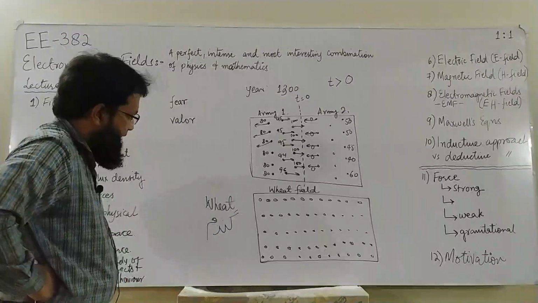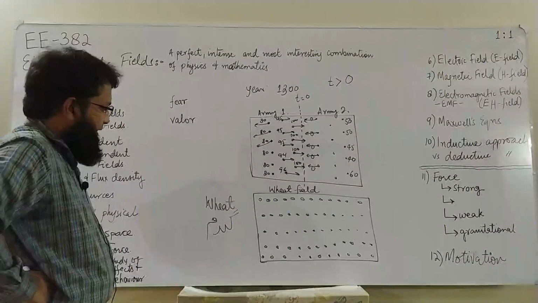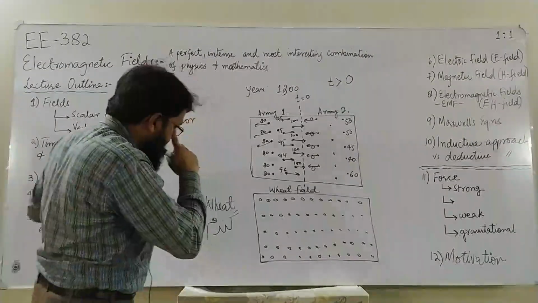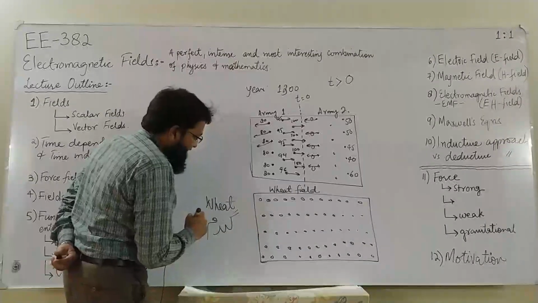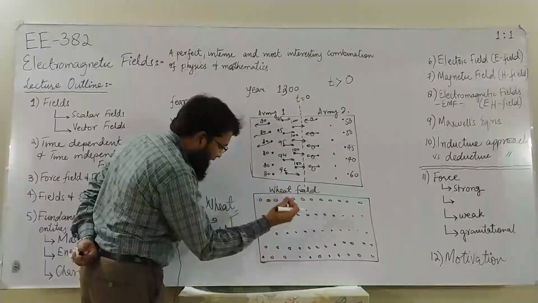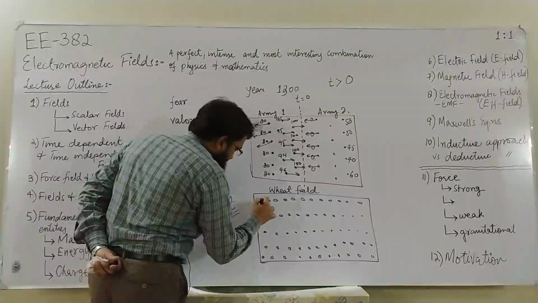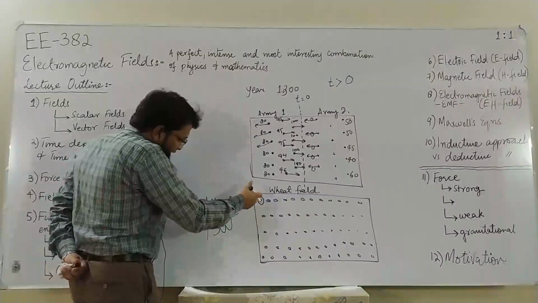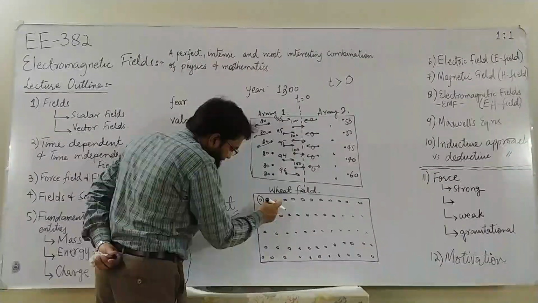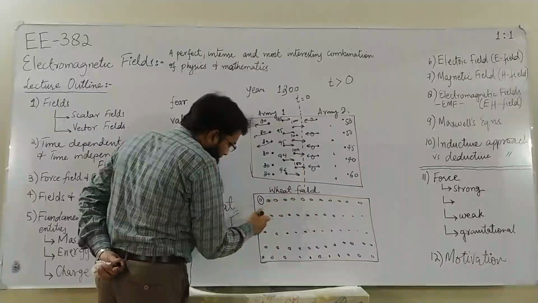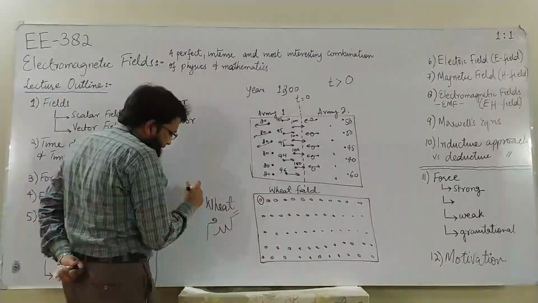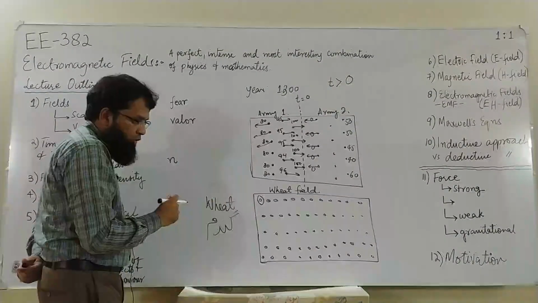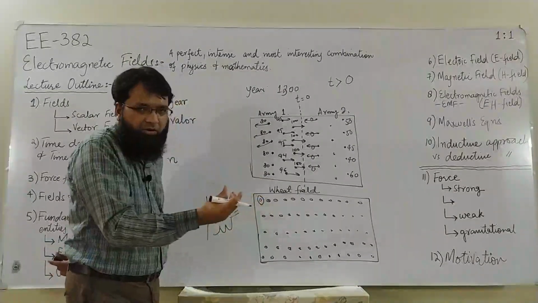It depends on which quantity we are interested in. If we are interested in the number of grains which are there on each plant, each dot is representing the wheat plant. If we are interested in the number of grains on each plant, then you know that the number of grains is a scalar quantity.